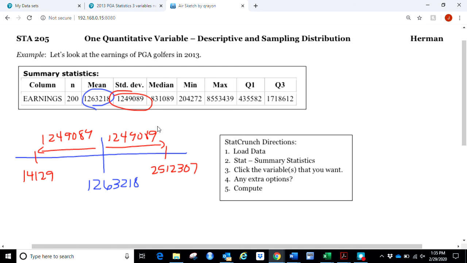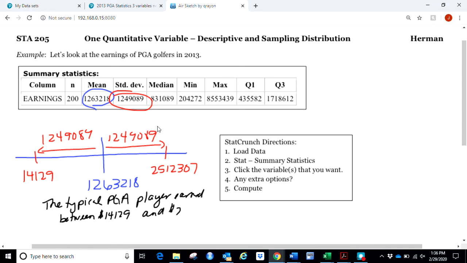So then what I could really say here is that our typical PGA player earned between $14,129 and $2.512 million in 2013.